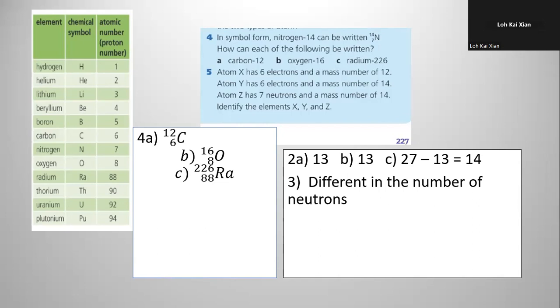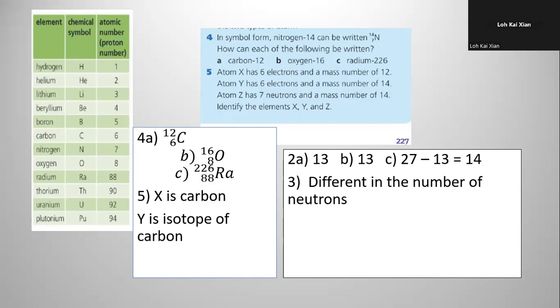X is carbon. Carbon, okay. And then Y? Y is also a carbon isotope. Isotope of carbon, okay. And then Z?